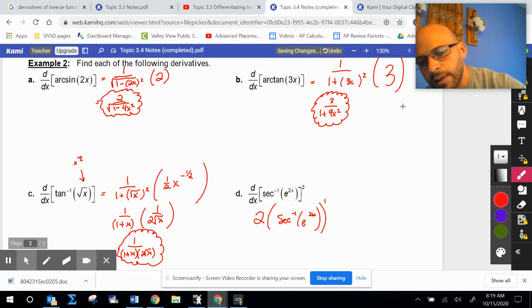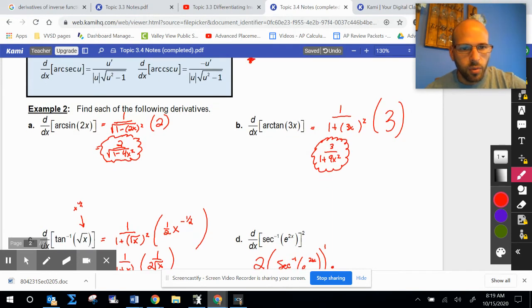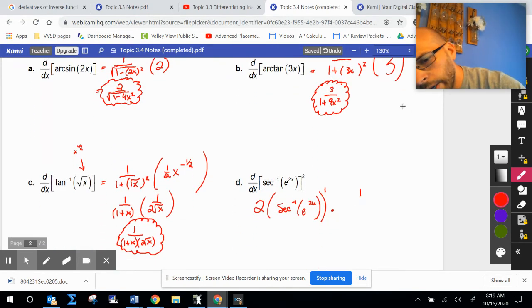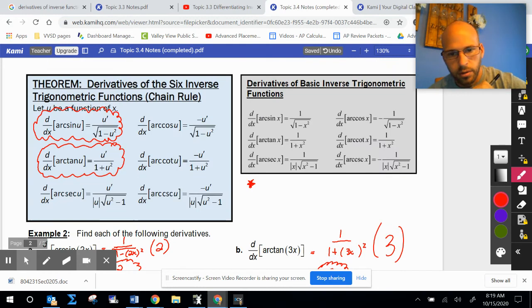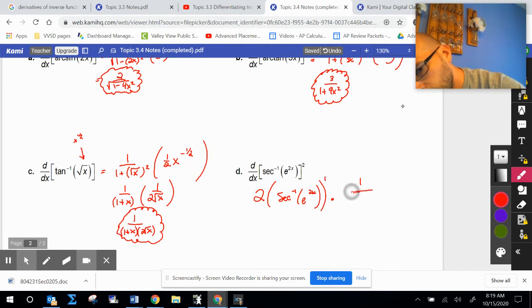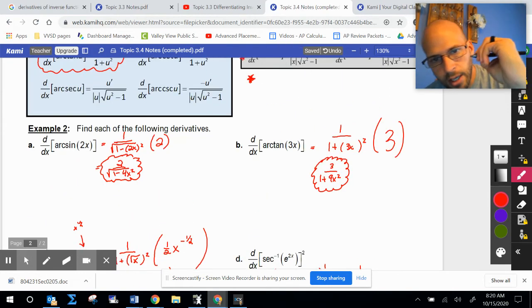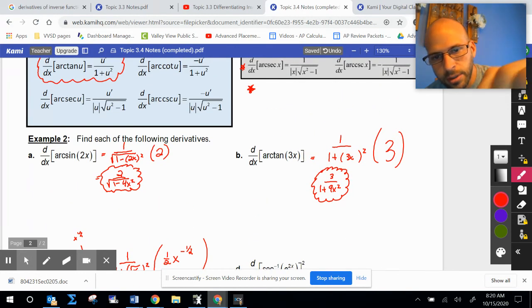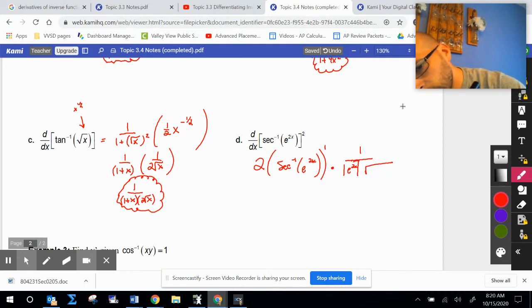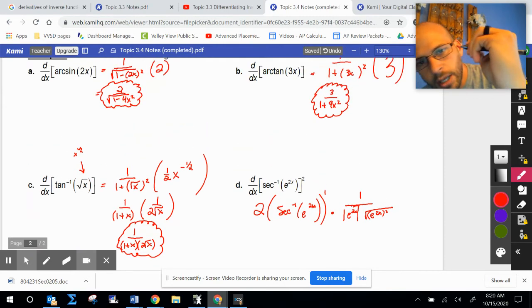But now I want to take the derivative of secant inverse, which is going to be a 1 over, make sure I got it right, so we're using this one here, 1 over the absolute value of e to the 2x times, okay, I'm looking at my secant at the very top of your screen, the square root of e to the 2x squared, and is it minus 1?